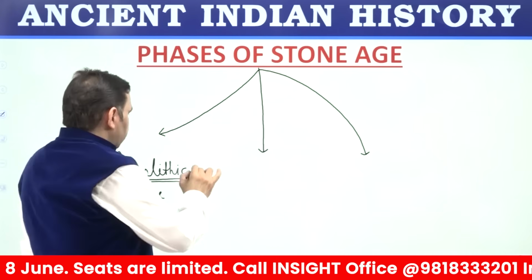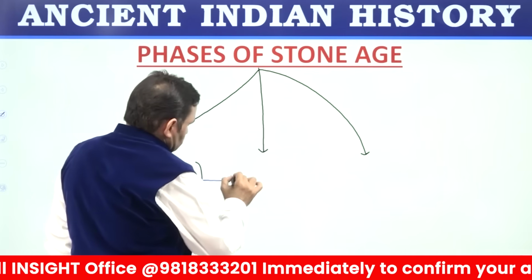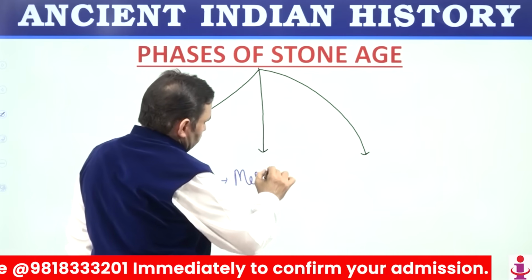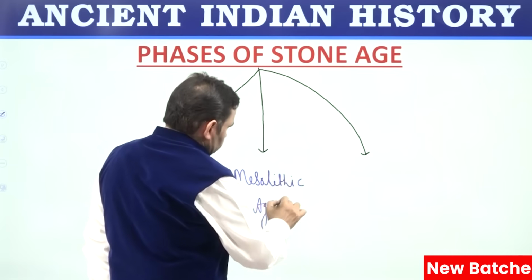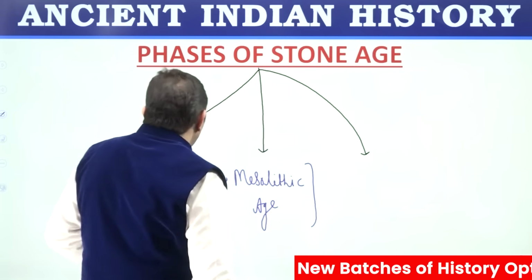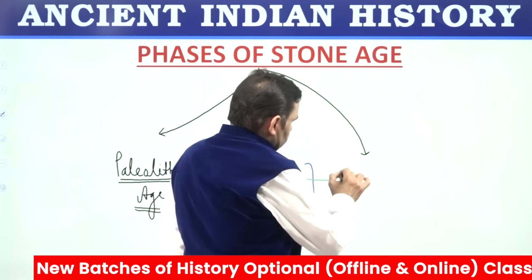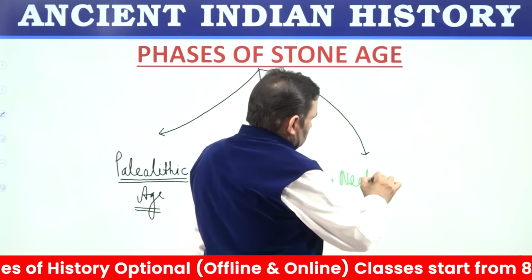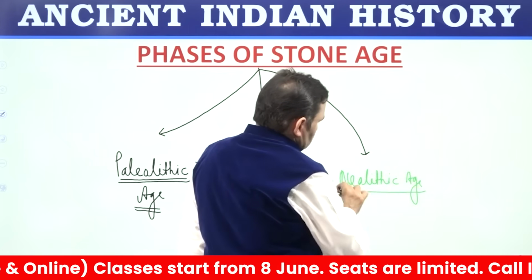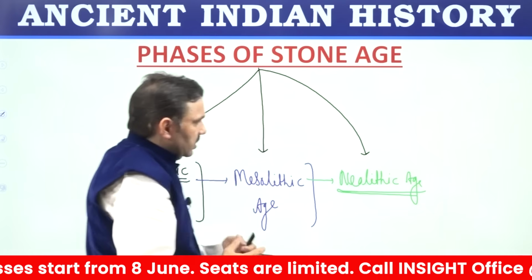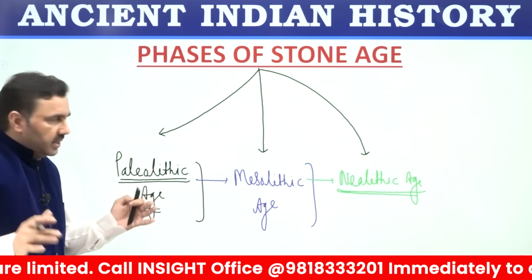This old Stone Age was followed by Mesolithic Age or Middle Stone Age. Meso means middle. And this Mesolithic Age was further followed by New Stone Age or the Neolithic Age. Neo means new. So this is a chronology here, Paleo to Meso to Neo, all the Stone Ages.